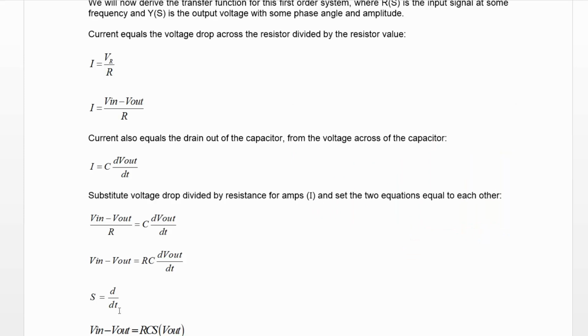Okay, from calculus, we'll know that in the Laplace transform, S equals d/dt. So this d/dt, which is the derivative of the voltage, says take the change in output with respect to time.